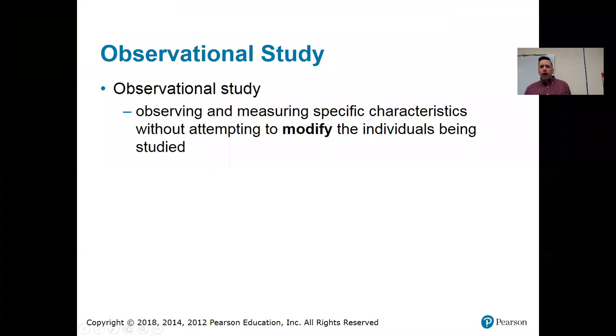All right, so then you have an observational study where you're observing and measuring specific characteristics without attempting to modify the individuals. That's what makes it different from an experiment. In an experiment, you are attempting to modify the individuals. You're giving them a treatment, all right? Observational study, you're just watching, and you're not getting involved.